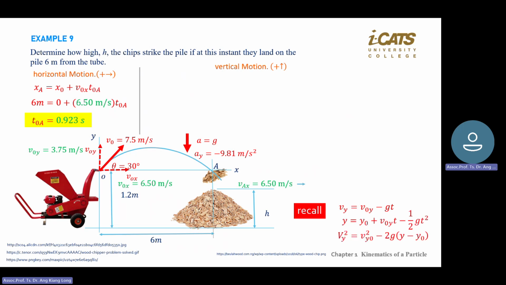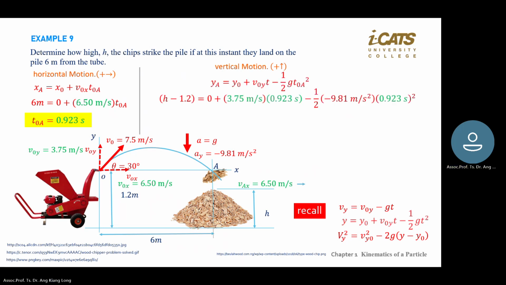So recall these 3 equations from the vertical one. When you substitute AY equal to minus g, you get these 3 equations. Because we have the time already, we have the g, and we have VOY, so substitute inside there.